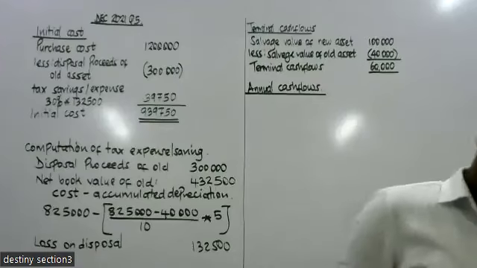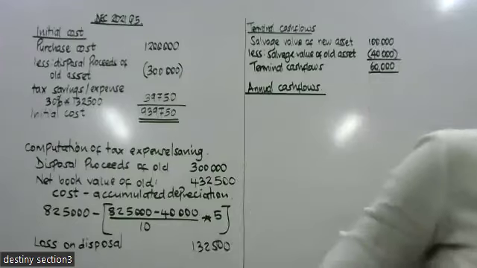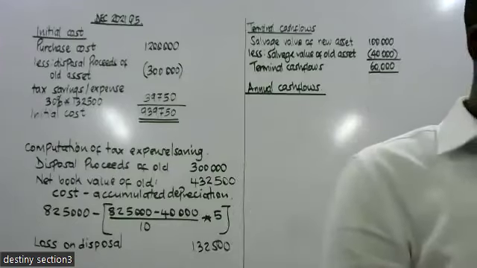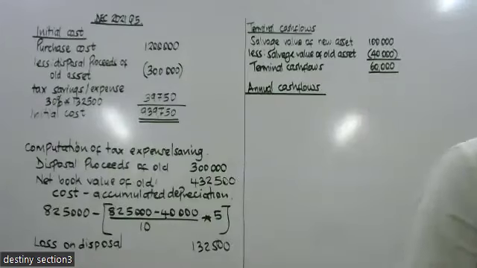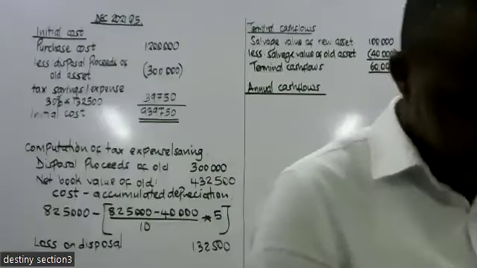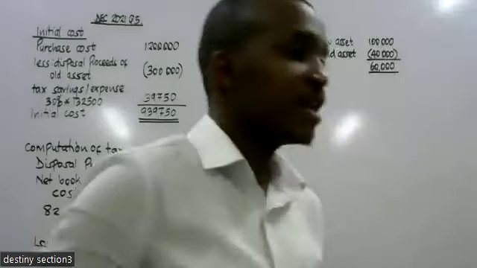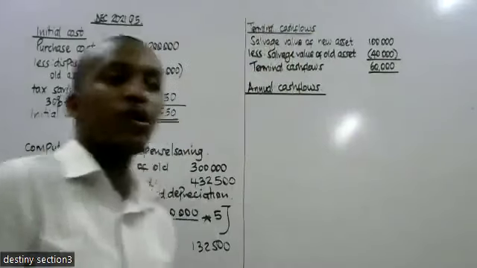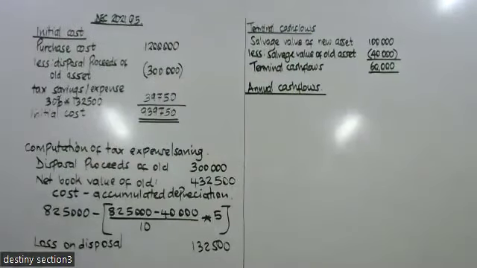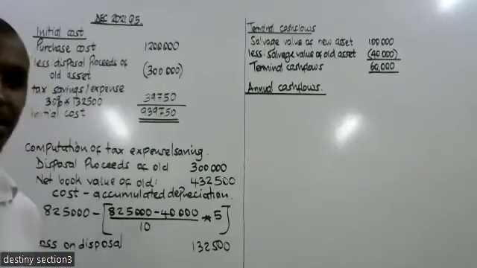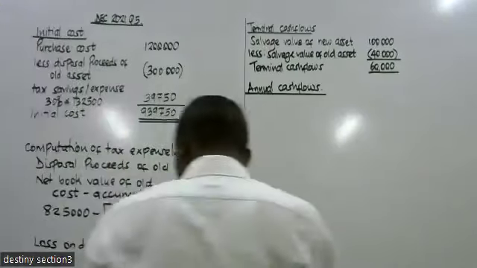As a result of increased efficiency from replacing the existing machine, the firm will save 168,000 shillings per annum in production costs throughout the new machine's life. In addition, there will be annual savings from reduction of wastages. So they are saving costs of production and also saving by reducing wastages.